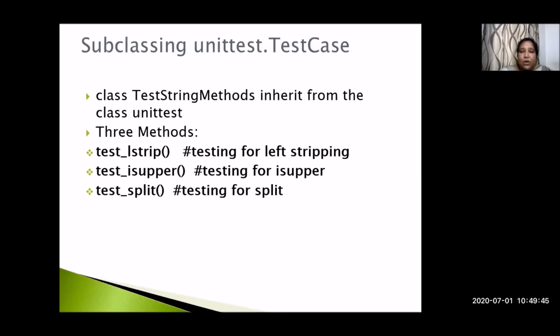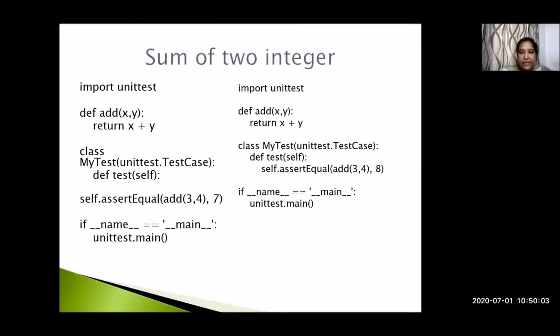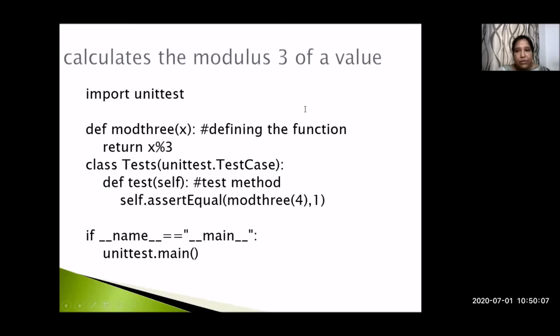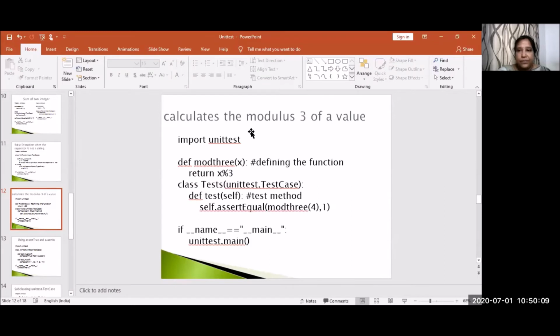Upper or lower you can check, and testing for split. So these are the three methods available in the subclassing unittest.TestCase. We'll see in our example how we are going to use these three cases. And this is the example. Now we'll go to the program.